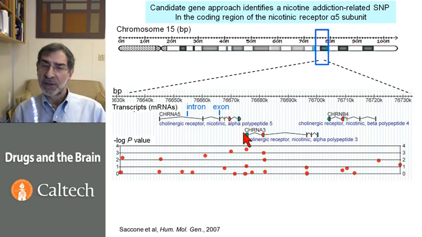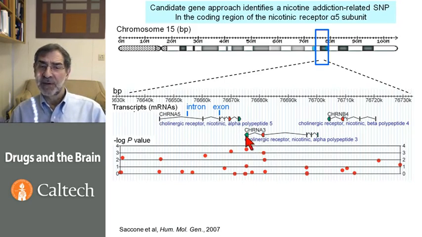The gene next door encodes the alpha 3 subunit. The one after that controls the beta 4 subunit. They are transcribed in both directions depending on the gene. So we have N to C for alpha 5, N to C for alpha 3, N to C for beta 4.